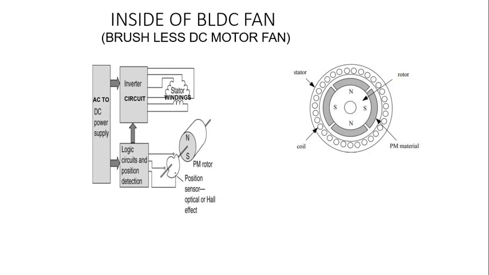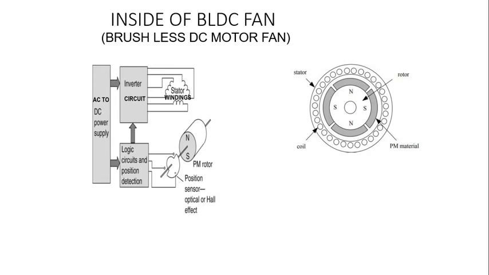Now come to the right. You see the stator coils. Three sets of coils will be there. In the middle you see the rotor. The rotor is a permanent magnet. On the left you see the circuit in the BLDC motor stator.